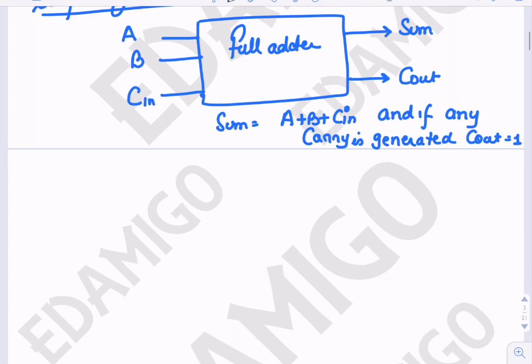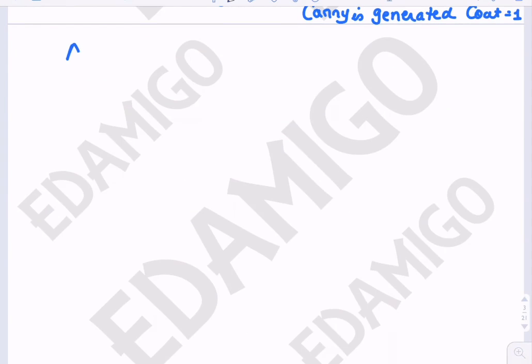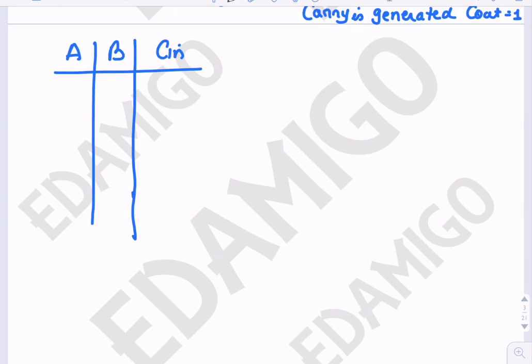Since there are three inputs A, B and C in, obviously there are 8 possibilities. We know all these 8 possibilities.